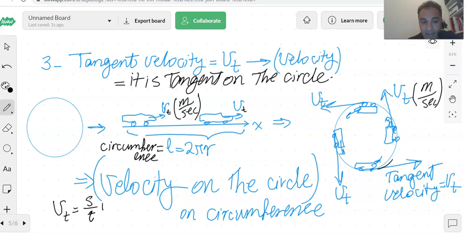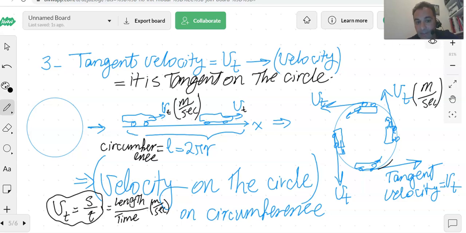Correct? So tangent velocity is the length of arc divided by the time interval. Correct? That's why it is meters per second. So it's the velocity on the circle or on the circumference.